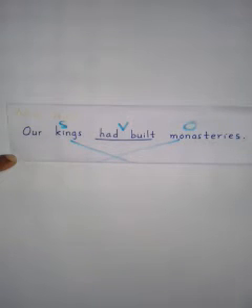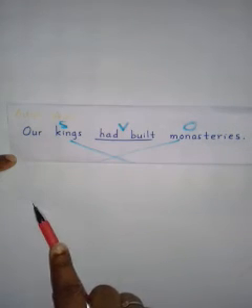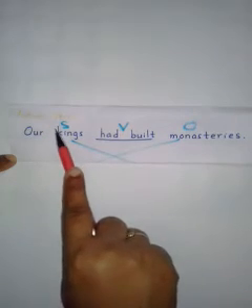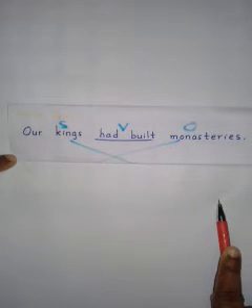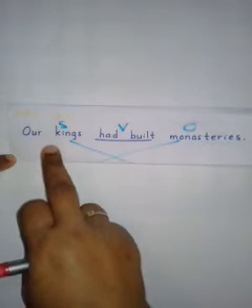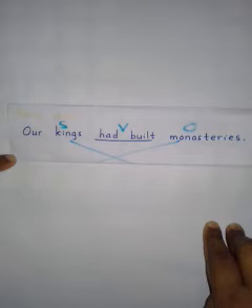So as the second step, we must take this object to the front, to the place of the subject, and the subject to the back, to the place of the object. When joining this subject here, we must use the word by.